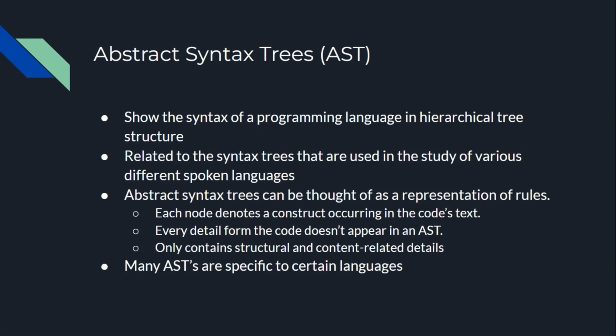Each node denotes a construct occurring in the code text. Not every detail of the code appears in an AST; it only contains structural and content-related details. Because of this, many ASTs are specific to certain languages.